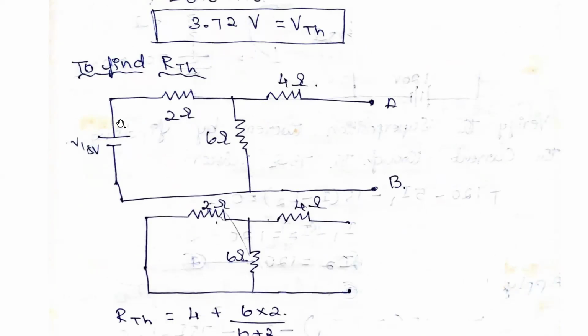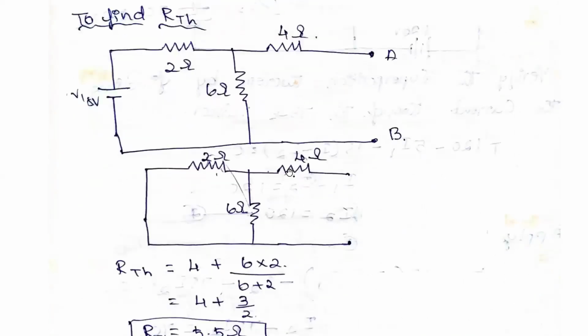So to find out the RTH, we need to short this voltage source. This is the circuit already there. If you short this voltage source, there are 3 resistances: R1, R2, and R3. Now this 4 and 6. You need to solve from the right hand side, the side you are facing the circuit.